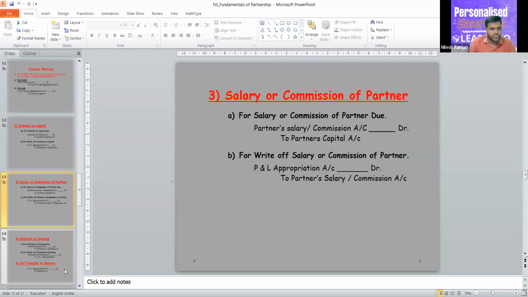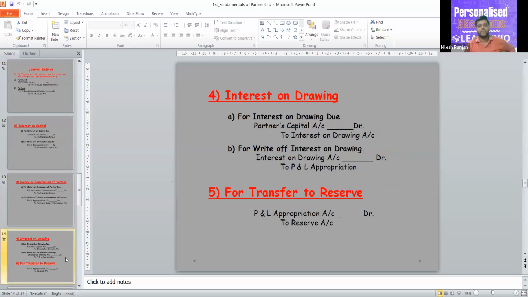The next one is interest on drawing. First entry is for due, partner's capital. The entry is reversed here. You can see interest on drawing is on the credit side in the first entry, and on the debit side of the second entry.